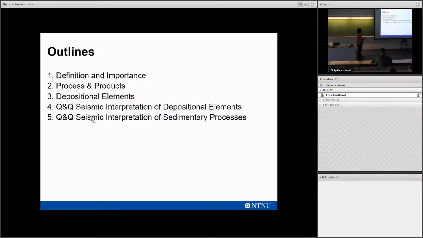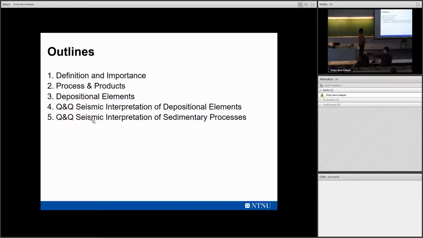We will also discuss what kind of processes happen in the deep marine, and what the products are for a particular process. Next is about depositional elements in the deep marine.